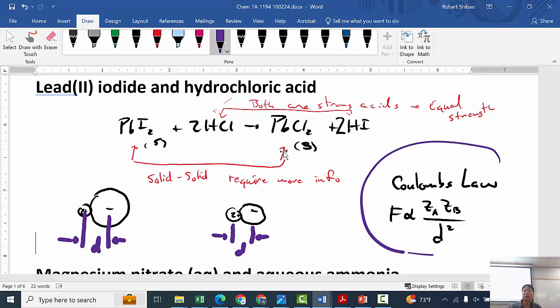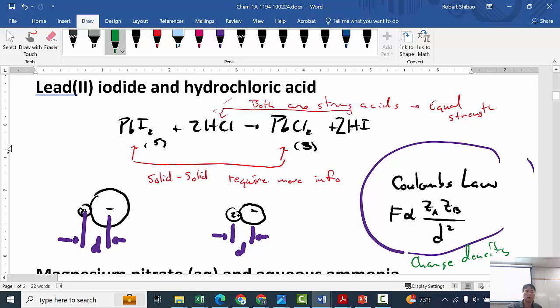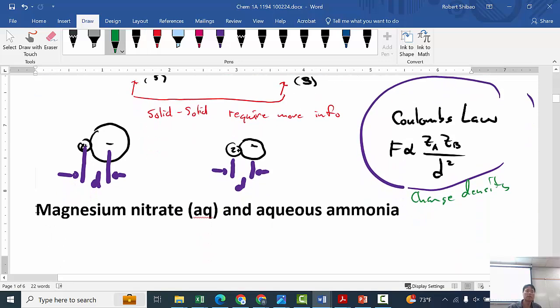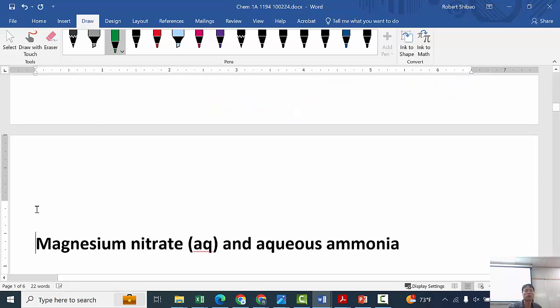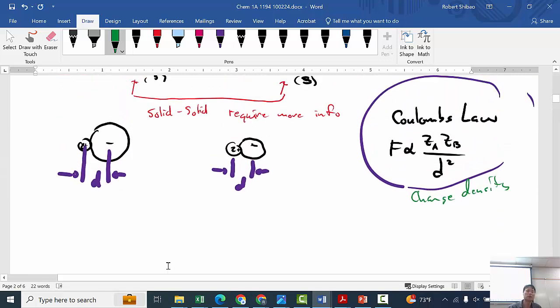The way I like to think about Coulomb's law is by something called charge density. The more concentrated the charge, the stronger the interaction is.